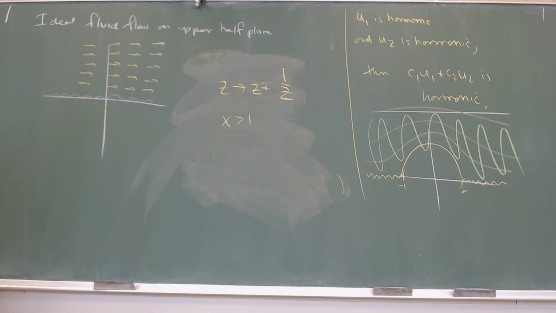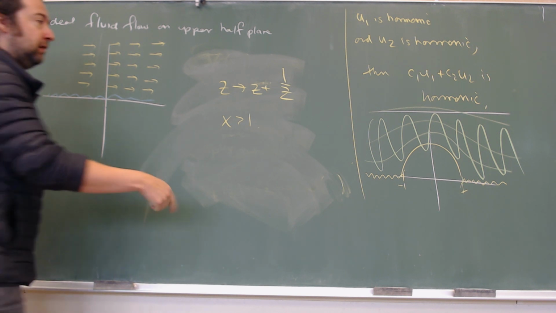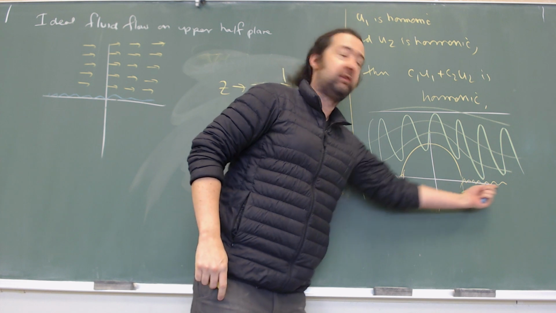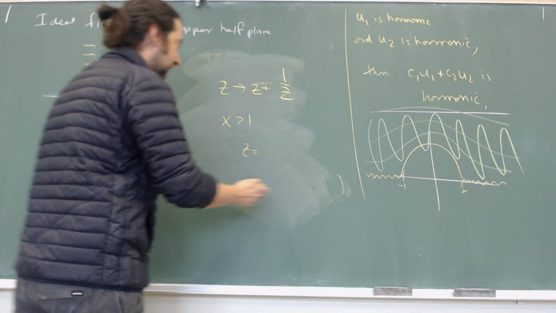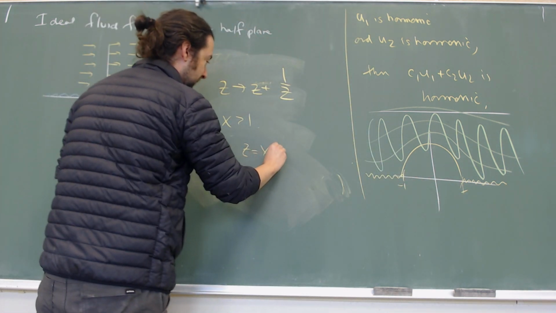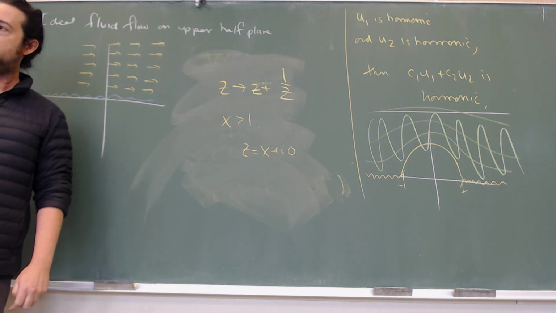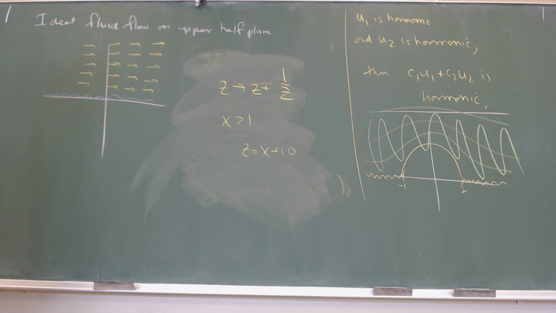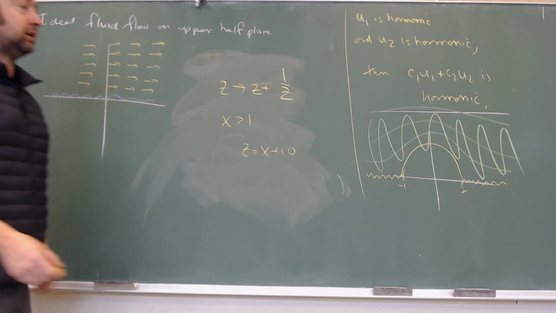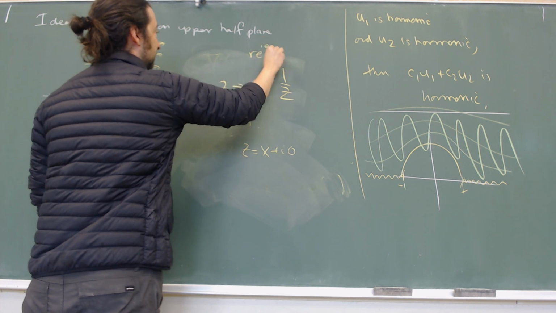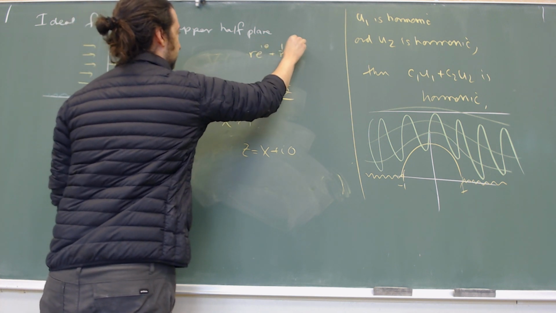Imagine here that I'm going to try to see what this does to things on the real line. So z bigger than 1, so z is equal to x plus i times 0, and the x component is larger than 1. It may be useful when we're thinking about this to think of this map as r e^(iθ) plus 1 over r e^(-iθ).